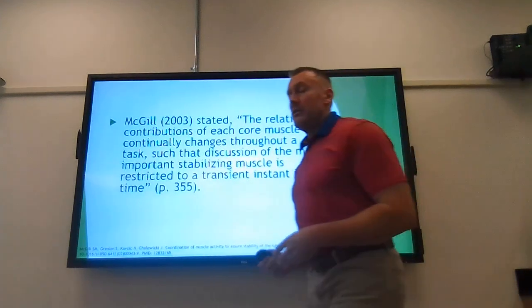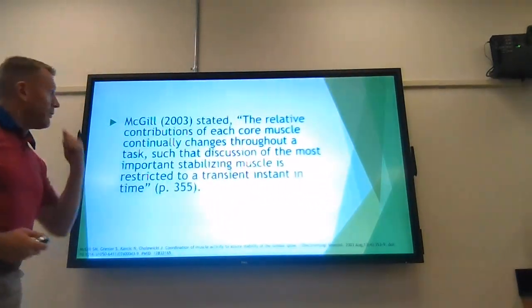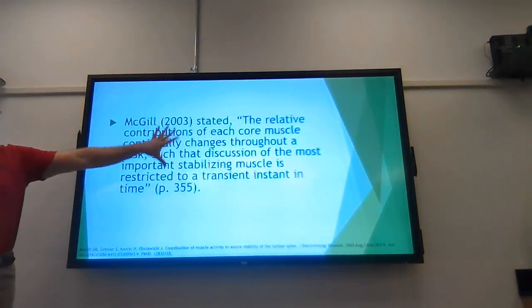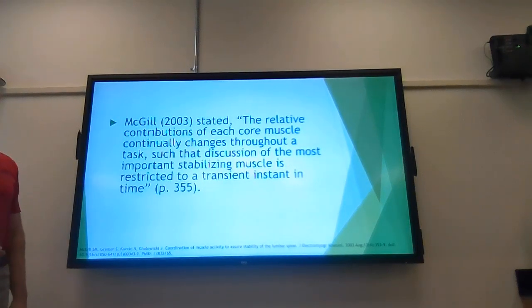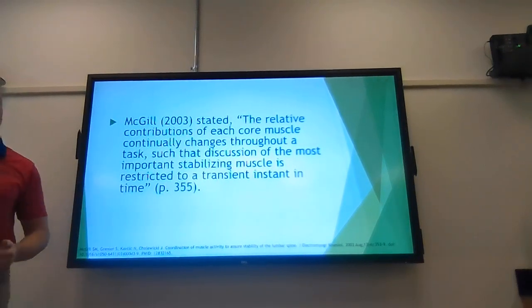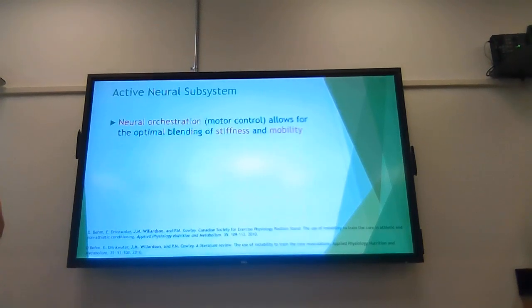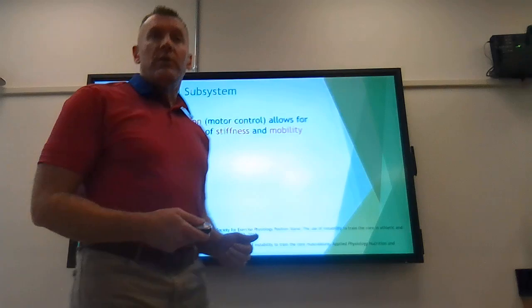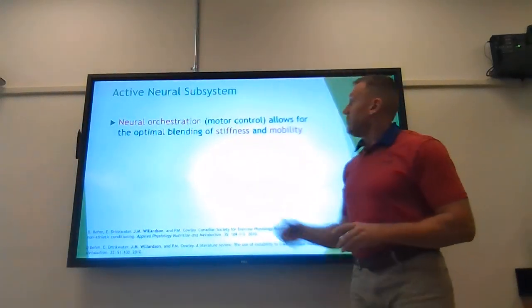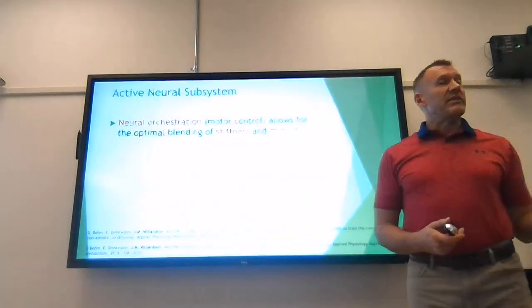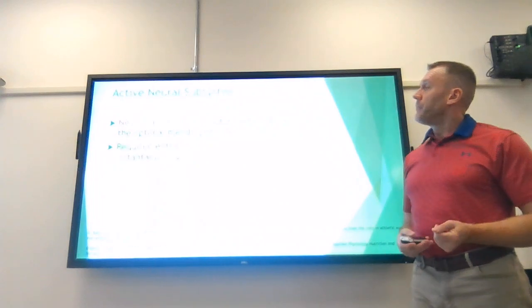Okay, so McGill in 2003, just to reiterate, all the core muscles are important depending on the context. Okay. So the nervous system controls the core muscles, so we have the optimal blending of stiffness and mobility.